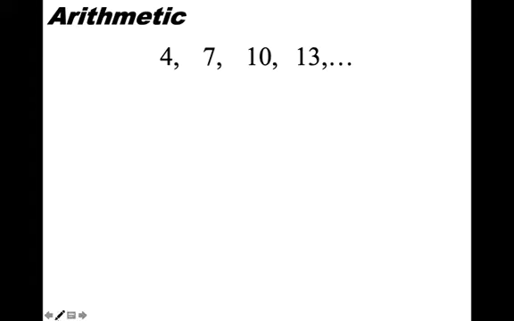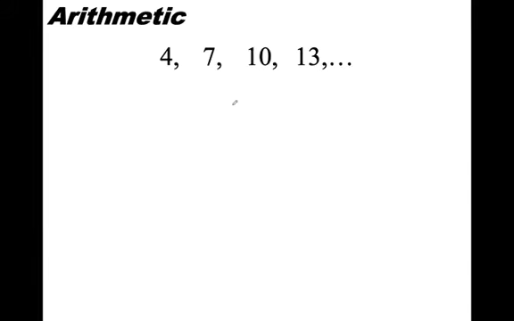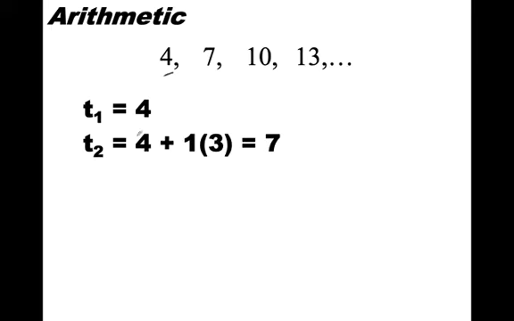So we start at 4, again, then we have 7, then 10, and then 13. I know that term 1 is equal to 4. Term 2 is equal to 4 plus, I'm adding 1 jump of 3. 4 plus 3 is 7.